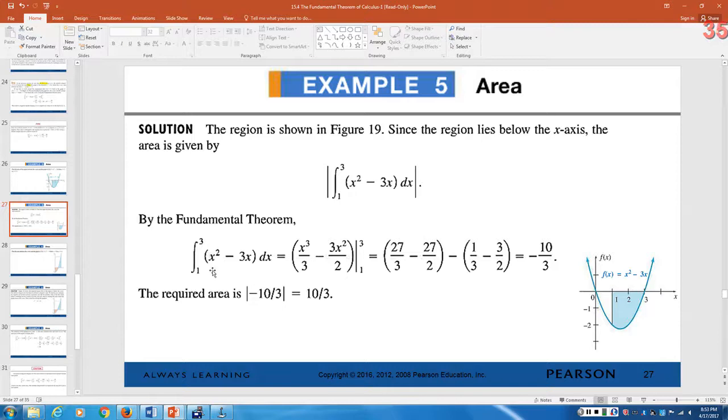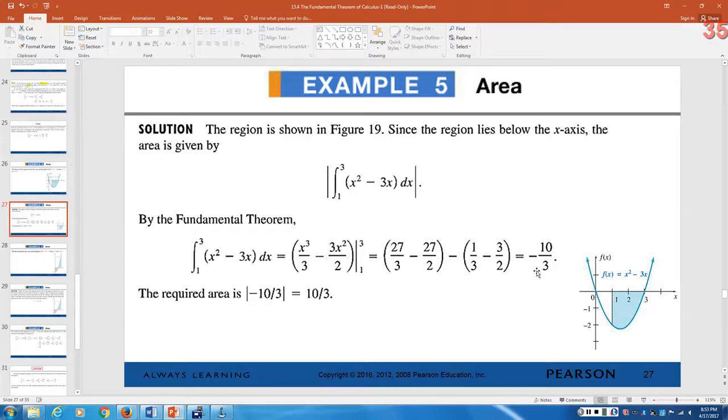The integral's not hard to get because it turns out to be x to the third over 3 minus 3x squared over 2. And when you plug in 3, that becomes 27 over 3 and 27 over 2. And then when you plug in 1, it becomes 1 over 3 and 3 over 2. And that answer comes out to be negative 10/3.